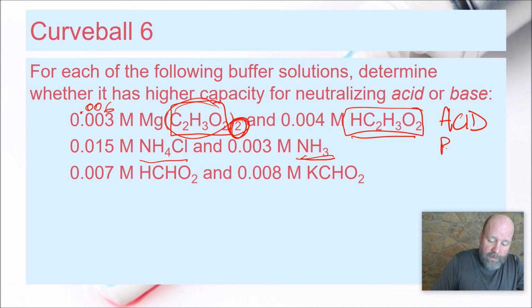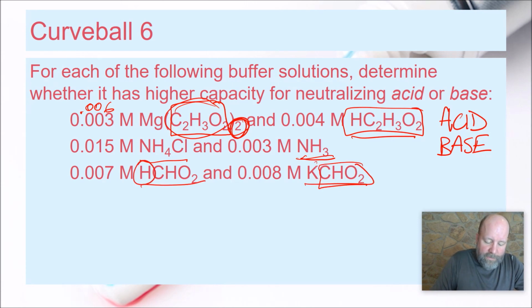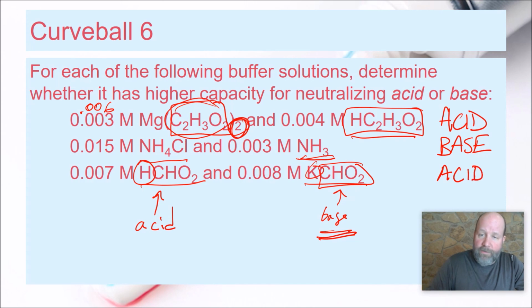That means it can neutralize more base because it's got more acid. And then this last one, I've got an acid here, and I know that because it starts with an H. We've got that same guy here stuck to a potassium. So this is my conjugate base. This is my acid. And it looks like I've got more of the base, which means I can neutralize a little bit more acid than I can base.